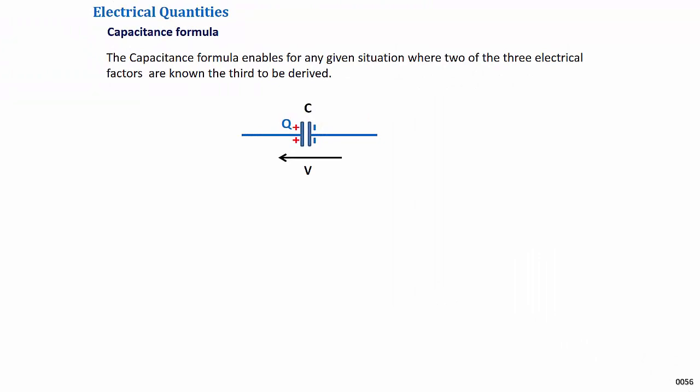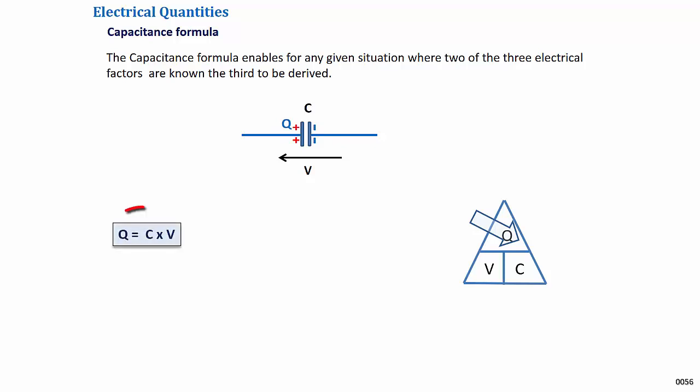It does not matter what part of a capacitive network is examined, the capacitance formula always holds true. The formula enables that for any given situation where two of the three electrical factors are known, the third can be derived. Using the triangular representation of the formula, if the voltage and the capacitance are known, the charge may be determined.